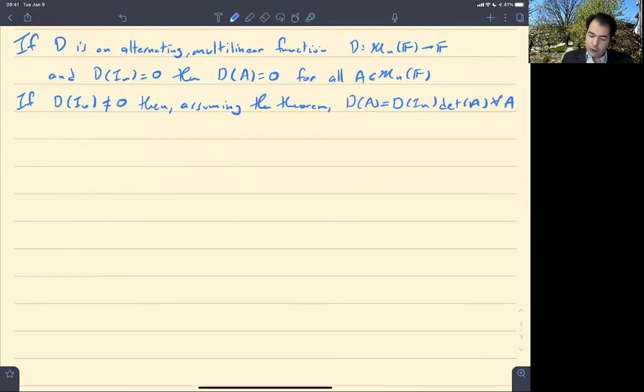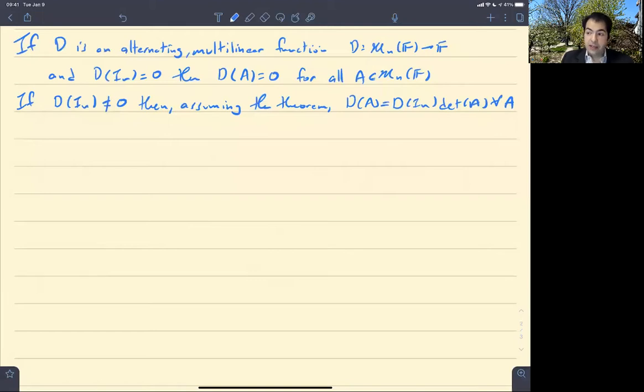Okay, so let me mention this argument I gave perhaps a bit quickly here to say that D of A vanishes whenever D vanishes on the identity.